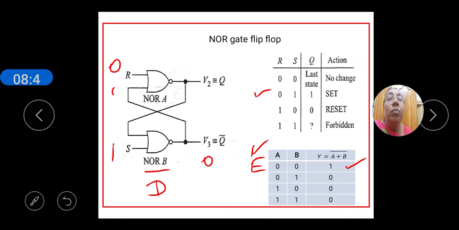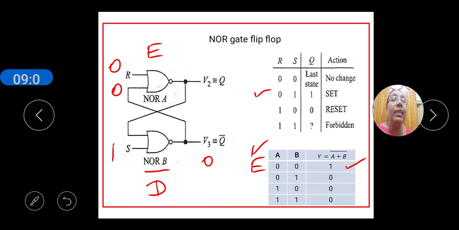So this input of NOR A is 0. So NOR A is enabled. So Q is equal to 1. So we say that the flip-flop is set. Whenever the output of a flip-flop Q is 1, we say that the flip-flop is set.